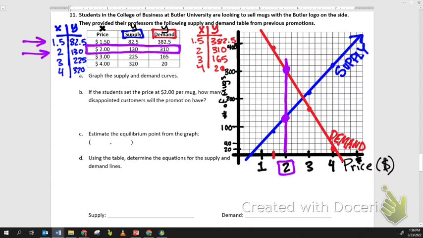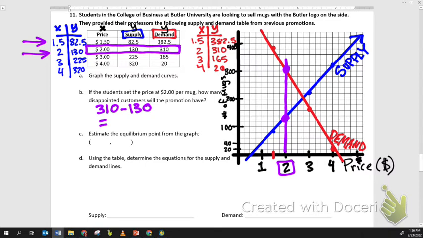And I want to know what the difference is between the supply and demand if the mugs are $2. So if 310 people want mugs, but they're only going to make 130, they only supply 130, I want to know what the difference is there. So I subtract it.